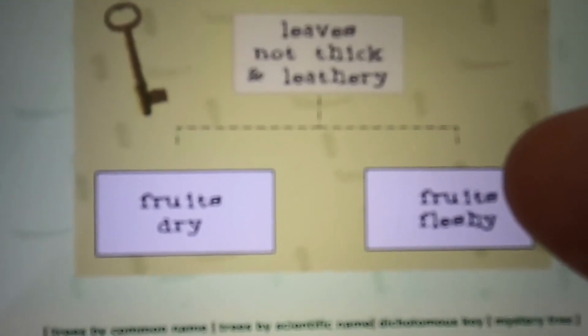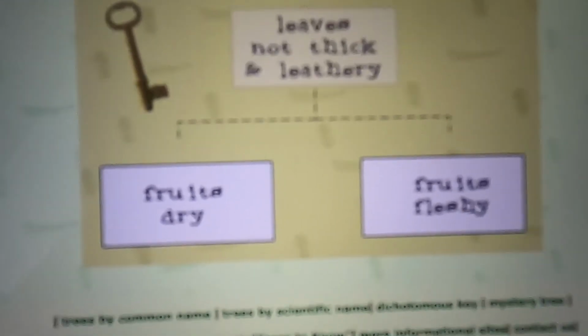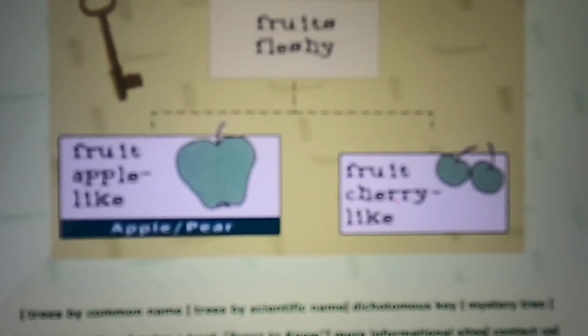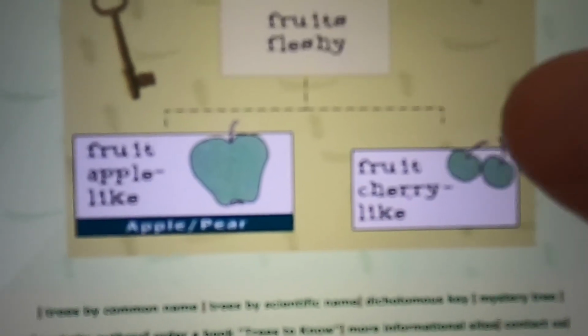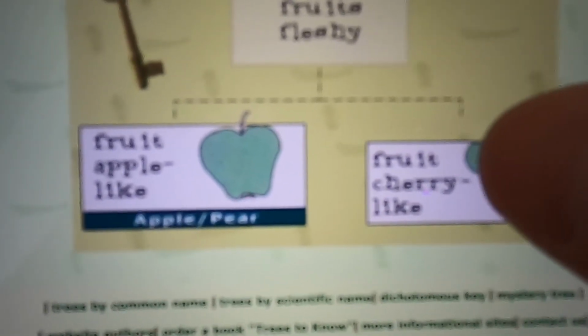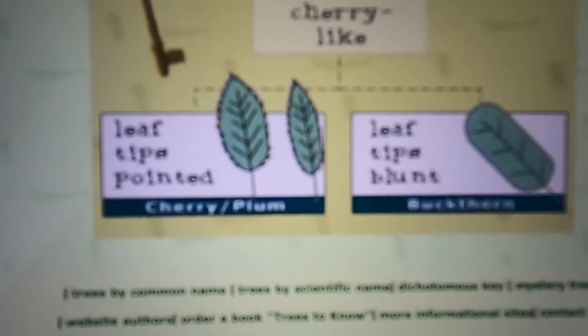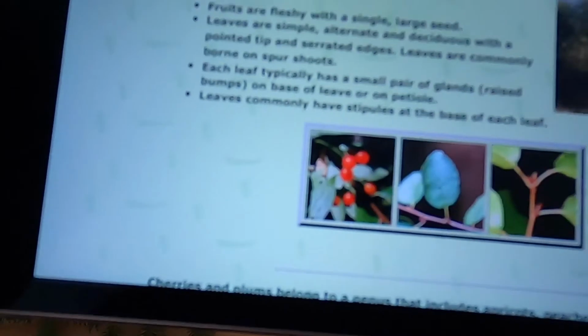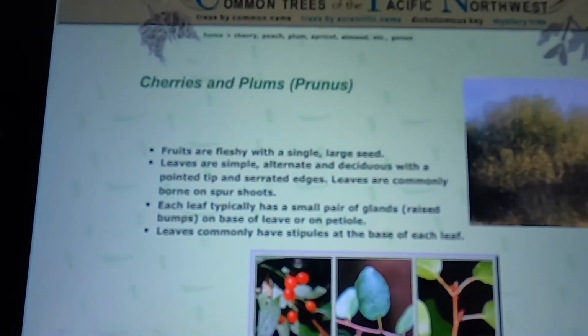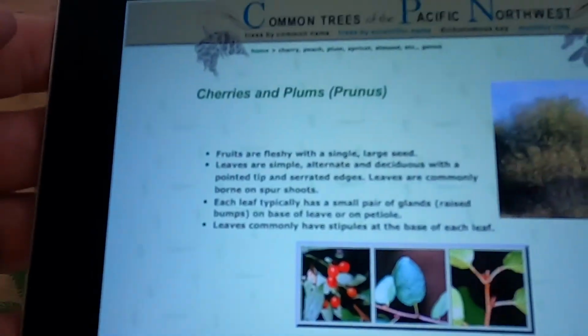If I looked up top, I could see some fruit that was fleshy, and it appeared to be small in size and just coming out. Again, it's early in the season, but it looked more like a cherry. And then here's the last one. Are the leaves blunt or are they pointed? Well, that's a very, very pointed leaf. So I click there. And it comes out that it's a cherry or a plum.